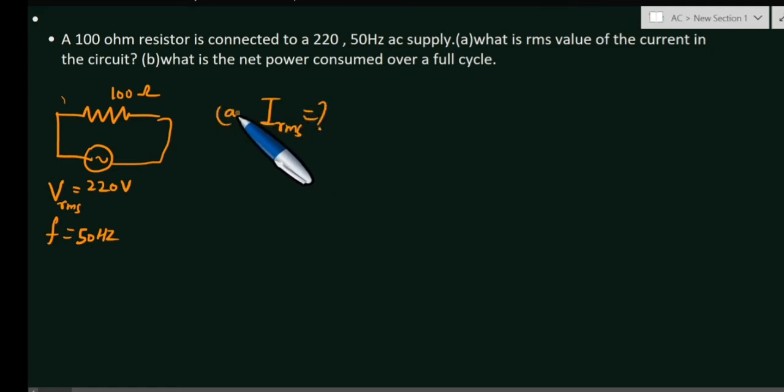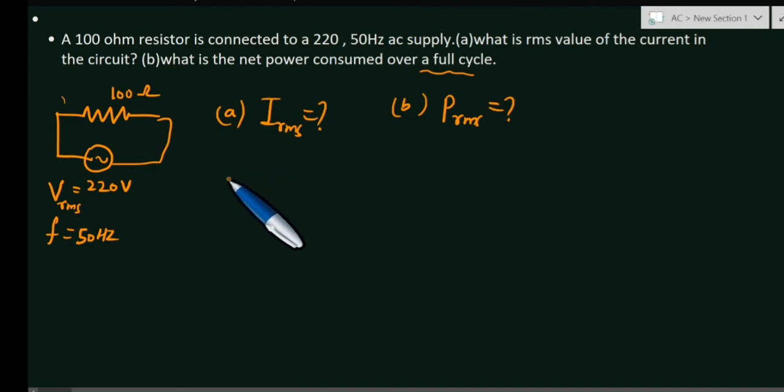That is the first one. And B, what is the net power consumed? That is PRMS consumed over a full cycle. Over a full cycle means you need to calculate the RMS value.